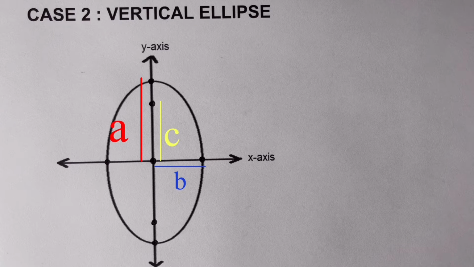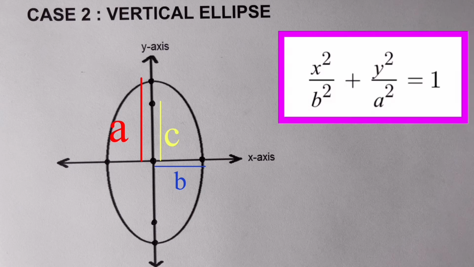Now, using these lengths A and B, we can say that our equation for a vertical ellipse is x squared over b squared plus y squared over a squared equals 1. Notice that a squared is under the y squared.